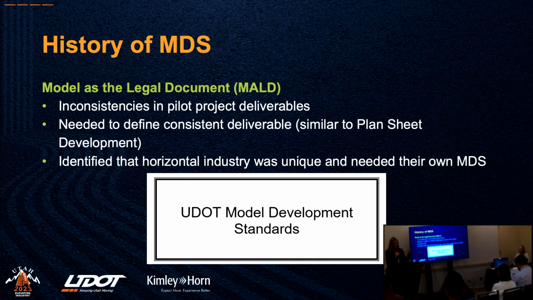Vertical can be contained within a fairly small site, and horizontal can go for miles and miles. So when you think about the model elements you're developing, you have to look at it in a completely different way than what the horizontal world had done. And so we needed to focus on the horizontal industry and really what was unique and what was needed for the model development standards for that.